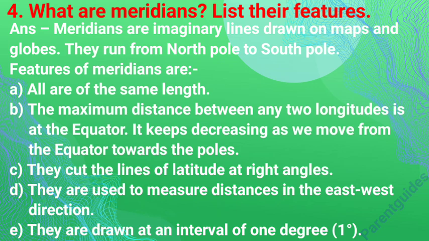It keeps decreasing as we move from the equator towards the pole. C. They cut the lines of latitude at right angles. D. They are used to measure distances in the east-west direction. E. They are drawn at an interval of 1 degree.